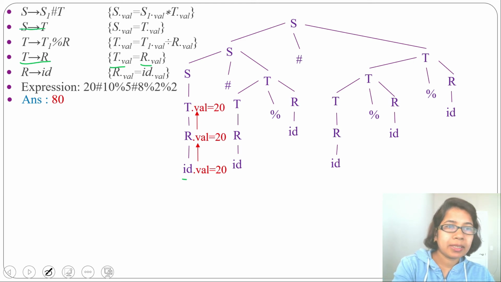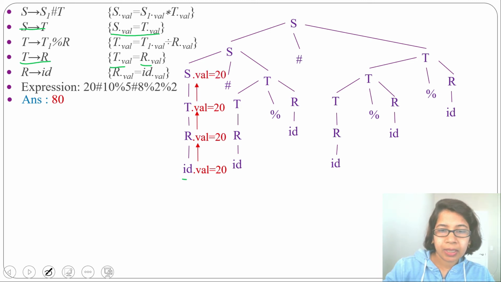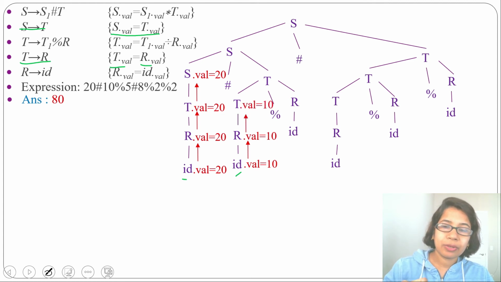Next S derives T, meaning S value equals T value, so S value will be 20. Next this ID value equals 10, R value equals ID value, so R value equals 10, T value equals R value, so T value equals 10. Next this ID value equals 5, R value will be 5. R value is synthesized from ID.